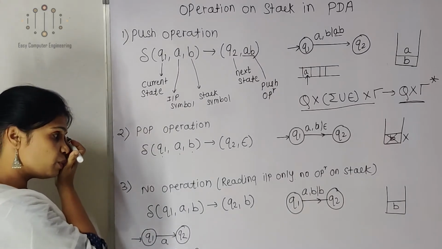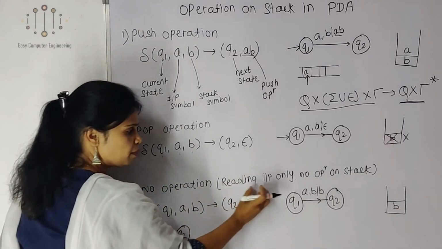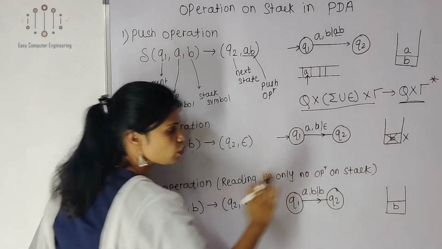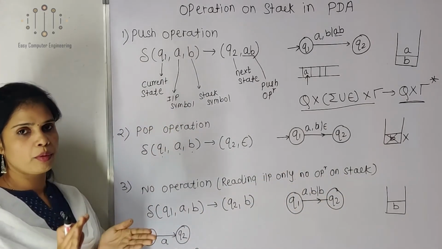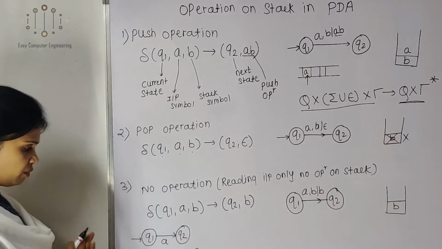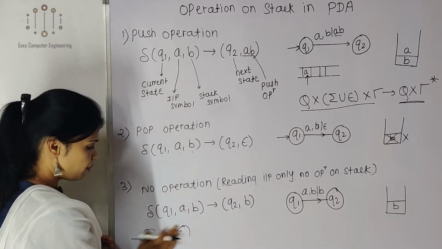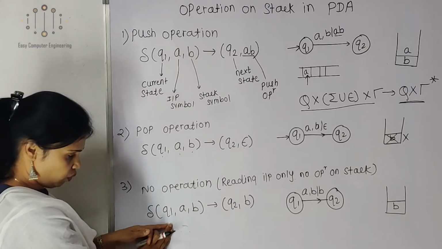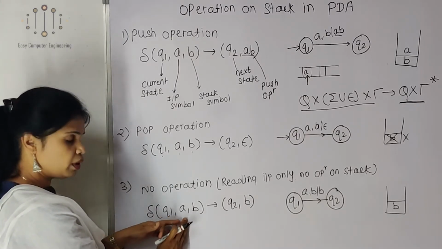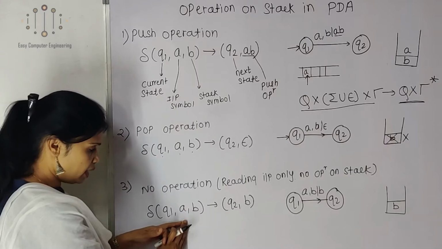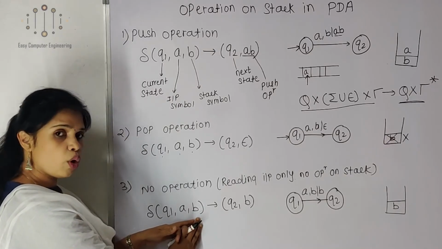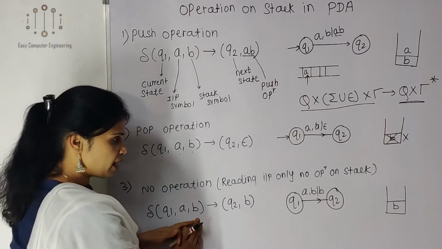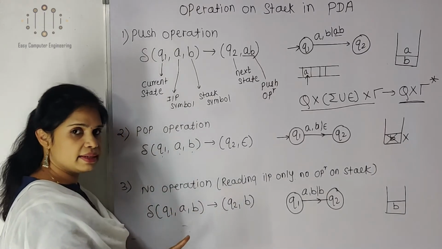No operation means what? Reading the input symbol, no operation on the stack. Means no push operation, no pop operation. In the same way again, we see state Q1, the input symbol is A, in the stack there is a B. Now this is a no operation, means the stack symbol will stay as it is.